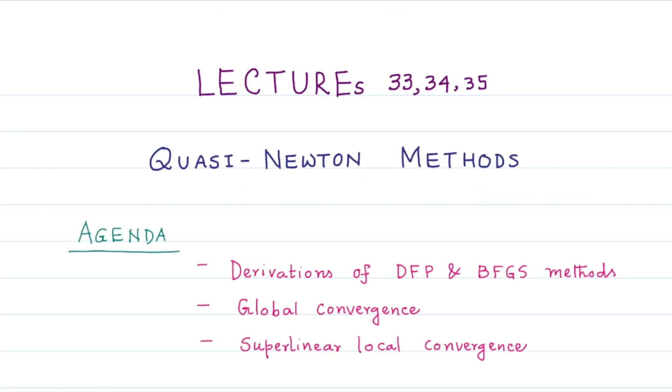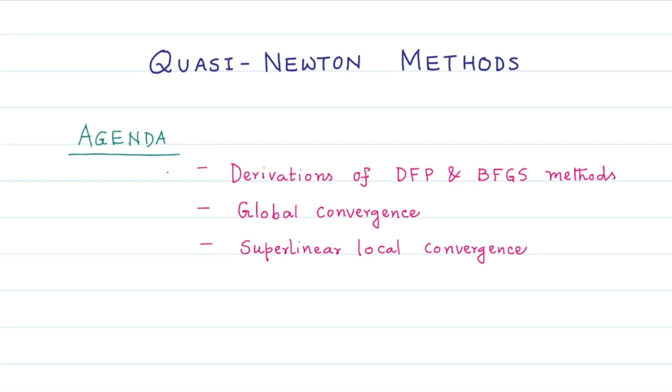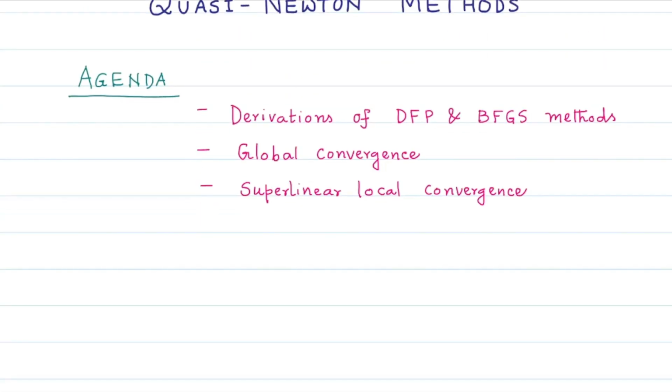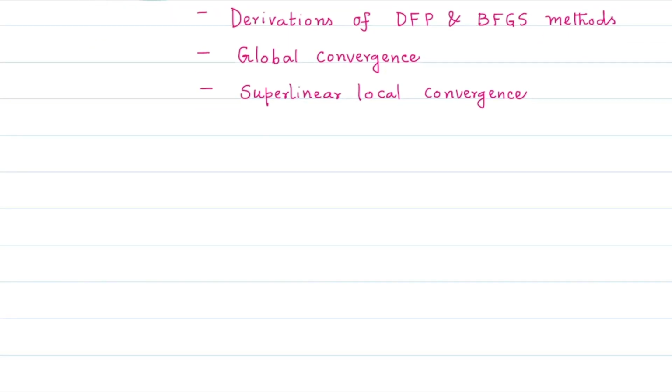We note that so far in solving unconstrained optimization problems, we have gone through two special methods, the steepest descent method and the Newton method. In the steepest descent method, we consider the direction of movement to be the steepest descent, that is dk is equal to the direction of the negative gradient of the function.